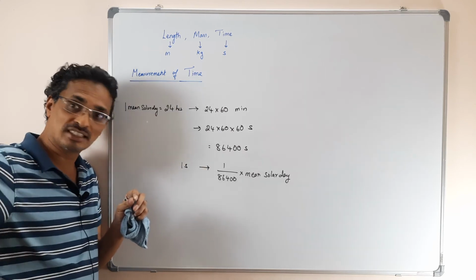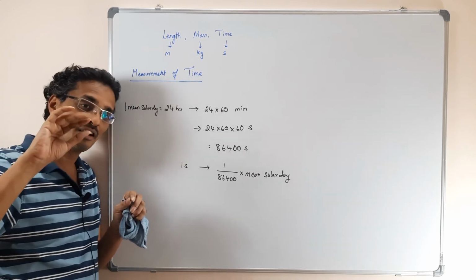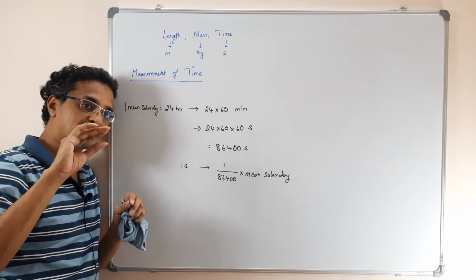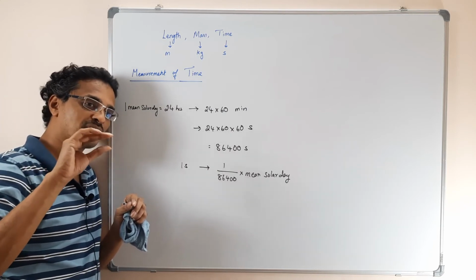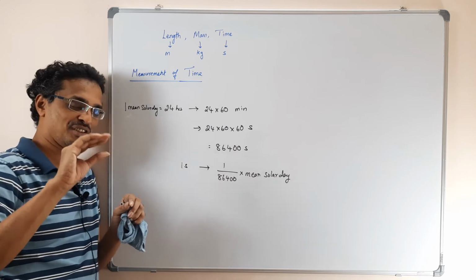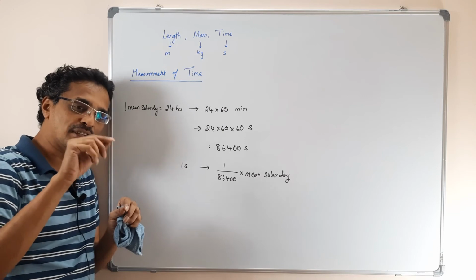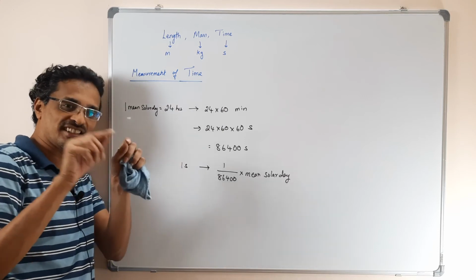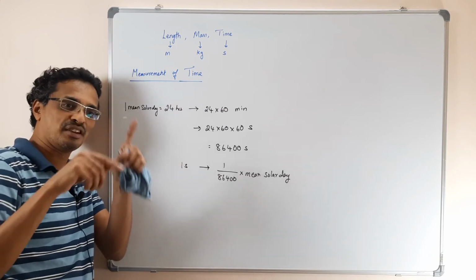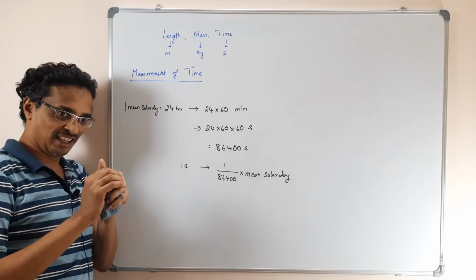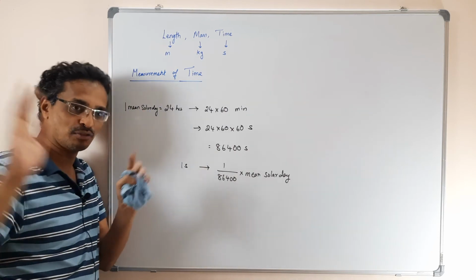That's why the clocks we use are based on the quartz crystal. This is called the quartz clock, because the quartz crystal vibrations are more or less precise. That vibration is converted into 1 second using gears, and then into minutes and hours, and that's how we make wall clocks.